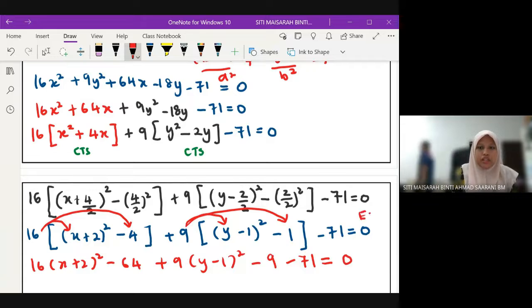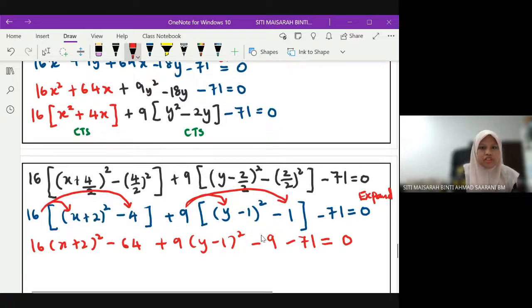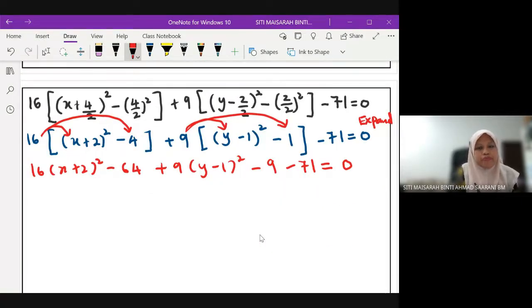Ini kita expand ya, expand balik. Then seterusnya yang constant ni kita boleh kira sama ada pindah dulu yang constant tu ke sebelah kanan baru tambah ataupun tambah siap-siap dulu sebelah kiri baru pindah, sana pun boleh. So jadi kita pindah sekali dengan tambah lah.